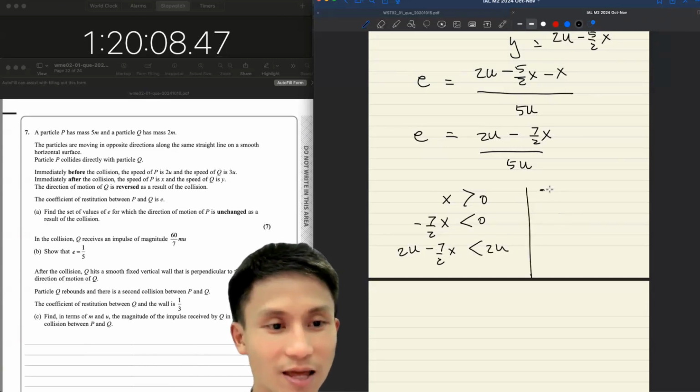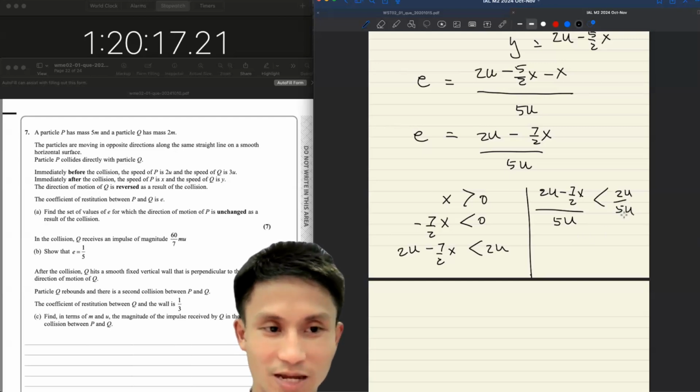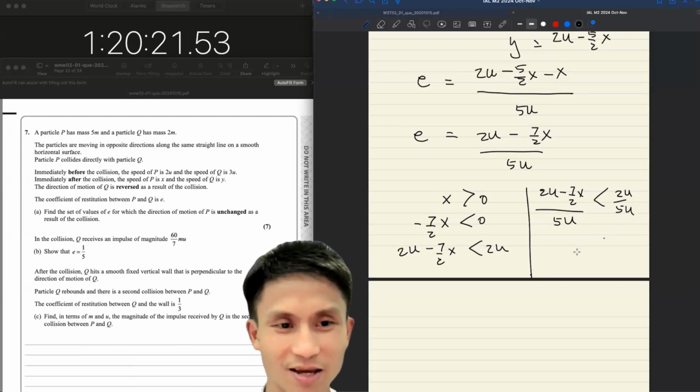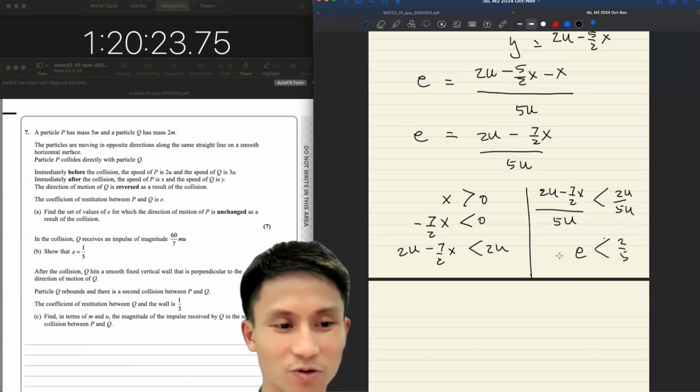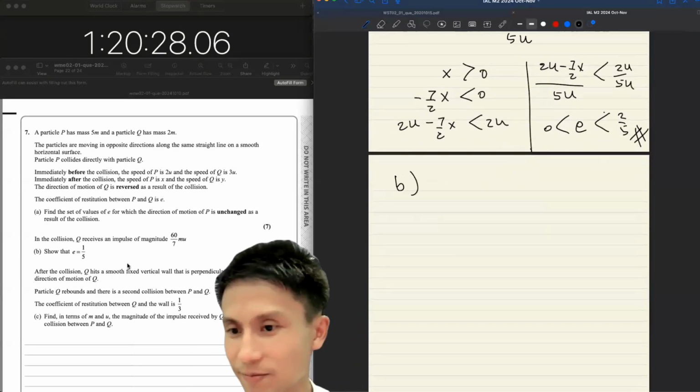And then if we divide that by 5u, that's going to be less than 2u over 5u, so that is less than 2 over 5. So E is less than 2 over 5, but greater than 0. That would be my answer there to part A.